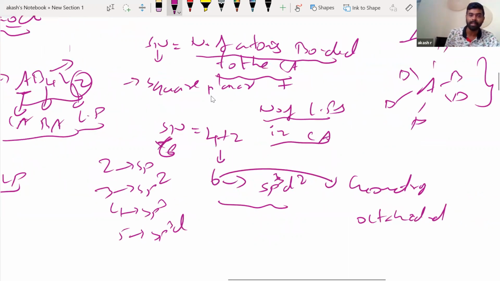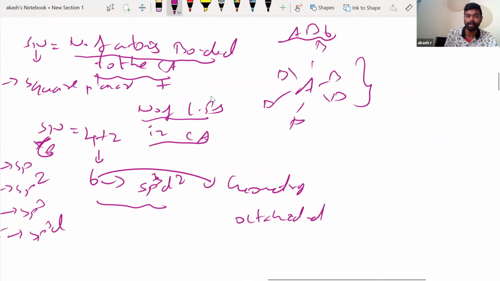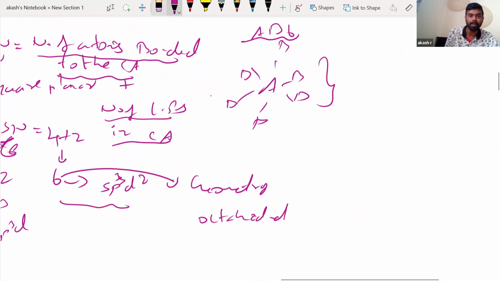So what you have to do is accommodate 2 lone pairs. So what you can do is remove the opposite B's and include a lone pair. Now forget that these 2 are there.